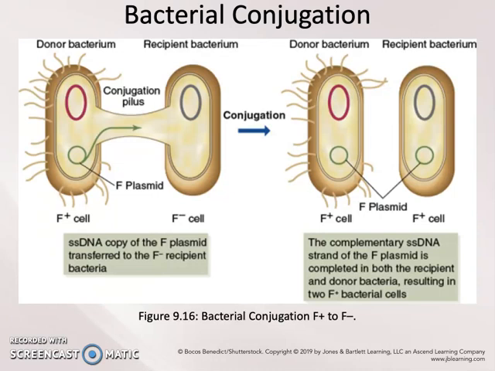This is one of the more likely reasons why we see such a rise in antibiotic resistance in many different species in the last few decades in the world. All a result of transformation, transduction, and conjugation.